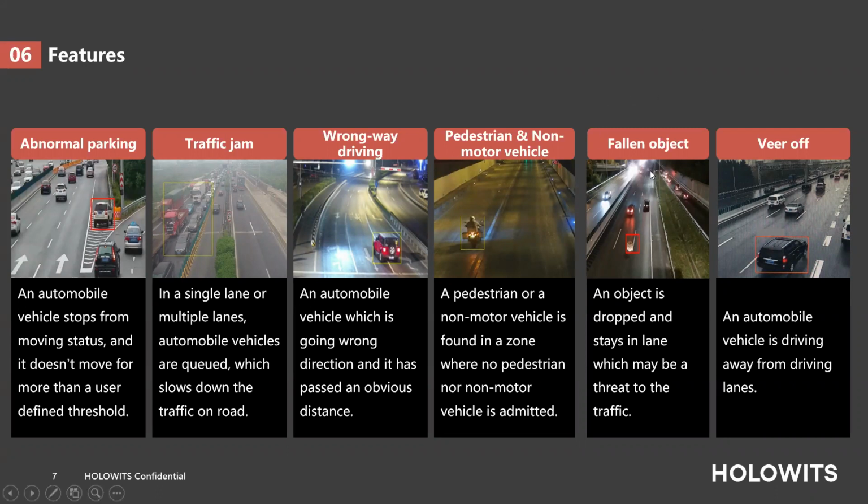The fifth is the fallen object: an object is dropped and stays in the lane, which may be a threat to the traffic. We can also detect this. And the last one is the veer off, where an automobile vehicle is driving away from the driving lanes.